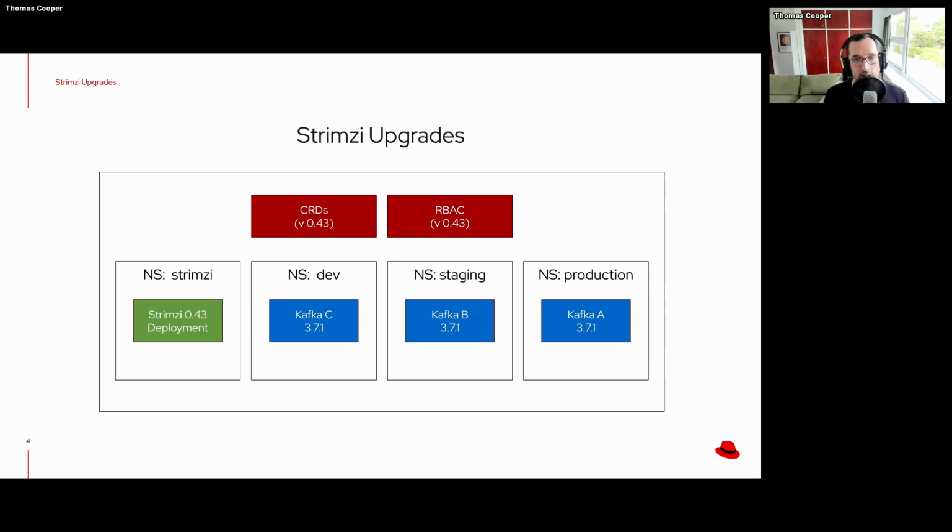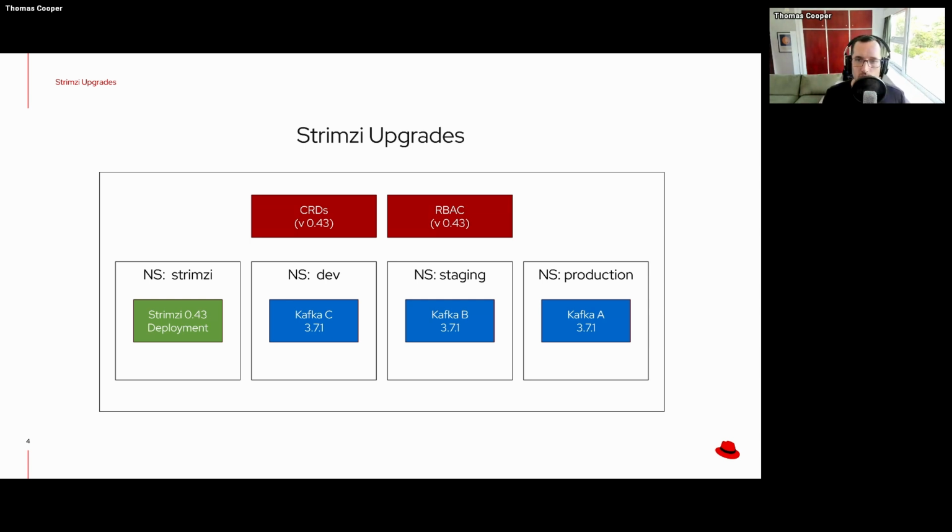There's the CRDs, the custom resource definitions, and these are the things that tell Kubernetes about the Kafka resources, the Kafka Connect resources, the bridge, Mirror Maker, and tell it how to interpret those. And each version of Strimzi has a version of those CRDs. And then there's a bunch of other configuration and RBAC stuff that comes with Strimzi, some of it cluster scoped, some of it namespace scoped. But I'm going to keep this a fairly high level conversation. So we're just going to talk about CRDs and the deployment.